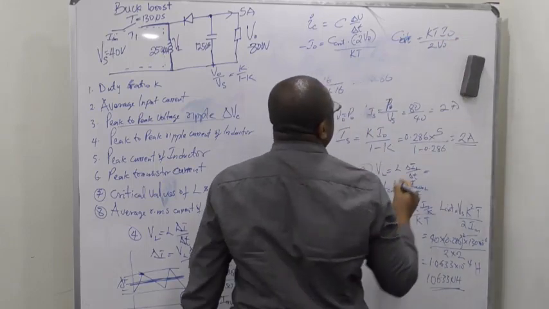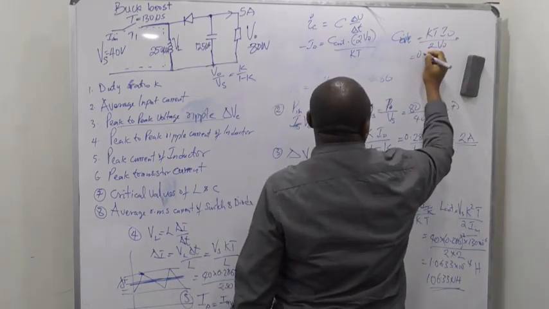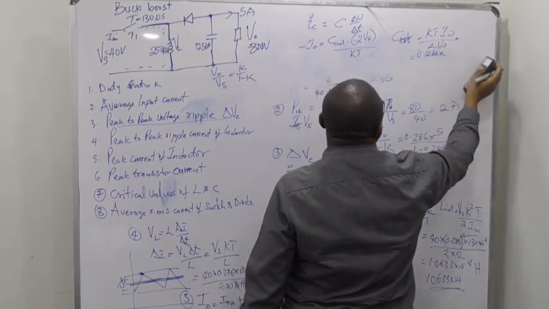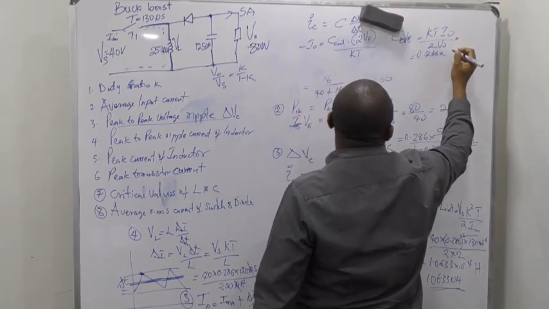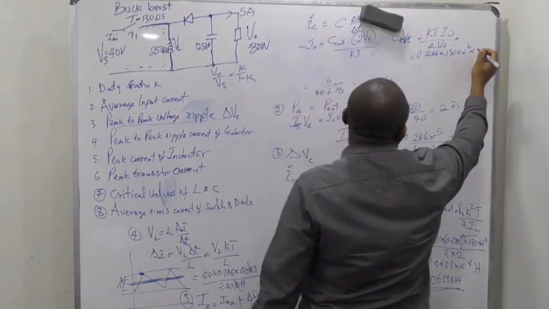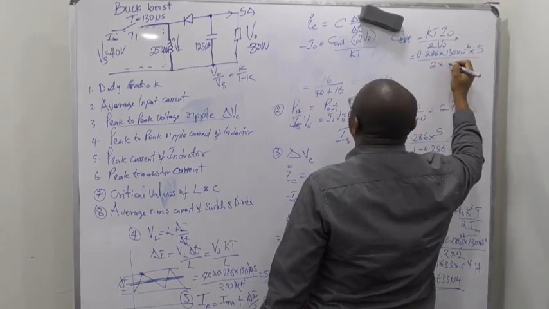Which will give you 0.286 times our T, which is 130 microseconds, times IO, which is 5, divided by 2 times VO.